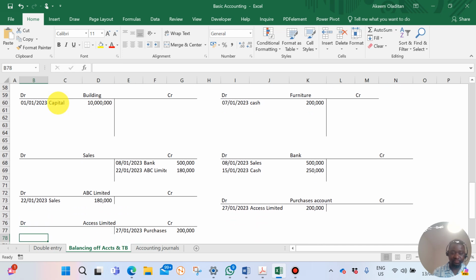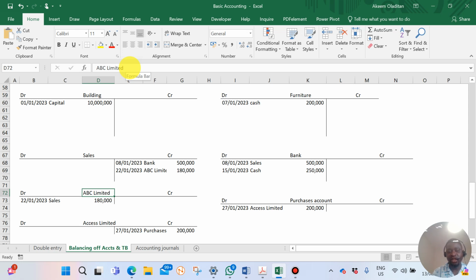Now we have ABC Limited. If you see here, the balance on ABC Limited is showing a transaction on the debit side. That transaction on the debit side shows that we sold to ABC Limited.